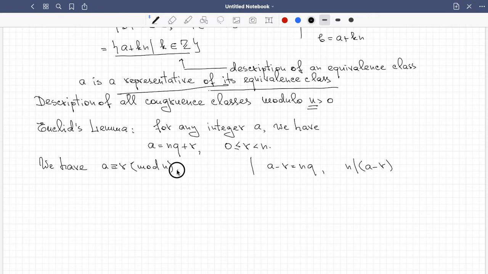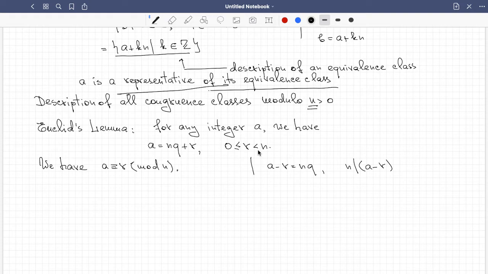Thus, we took an arbitrary integer a and found that it is congruent to an integer r in this small interval, up to n, non-negative.